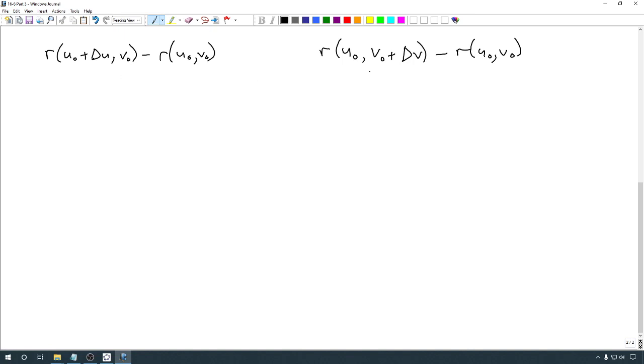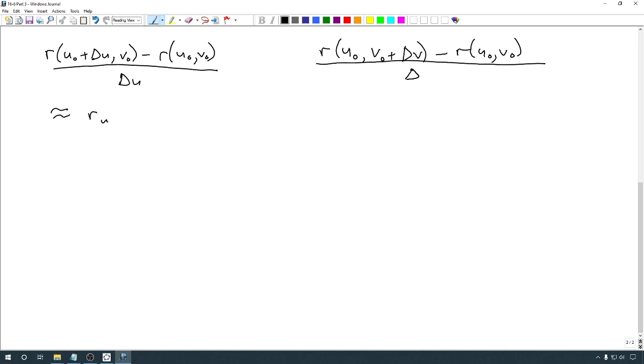Now, if we took these vectors and divided them by the corresponding delta, so for this one, if we divided this by delta U, this would be approximately equal to the derivative r sub u. If we took the limit as delta u goes to 0, we would have the actual derivative at u naught, v naught. Same kind of thing over here.